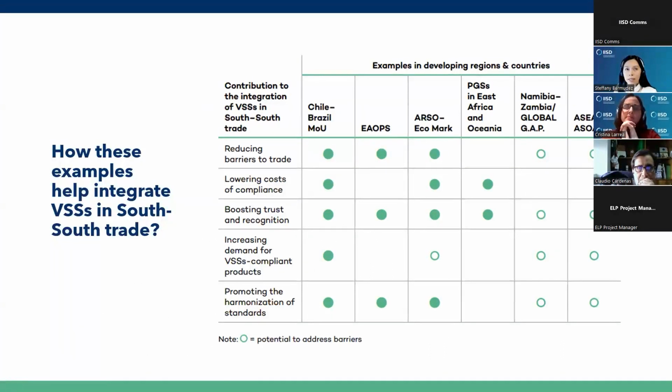Now, in our report, we analyzed how each of them has helped to address, or has the potential to address, some of the barriers to the integration of standards in South-South trade policy. As you can see in this table, some of the examples have contributed to reducing some barriers to trade. For example, the IAOPS and GlobalGAP require in their criteria, and are designed to work towards, recognition with other national, regional, or international standards.